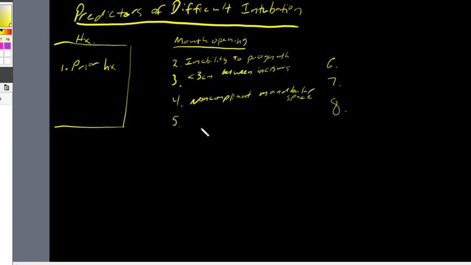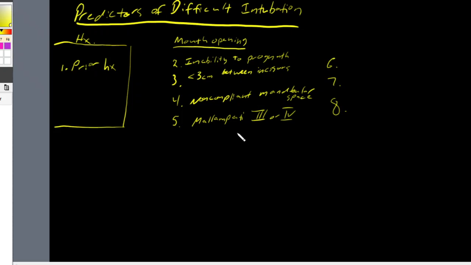The fifth predictor of our difficult intubation is a Mallampati class 3 or 4. We'll have a separate video on Mallampati classes and the Mallampati classification system.